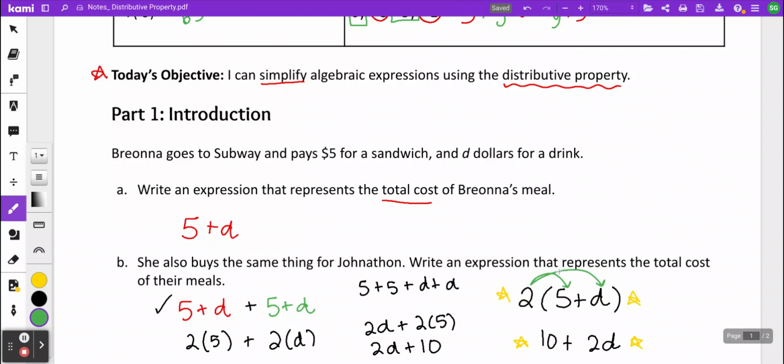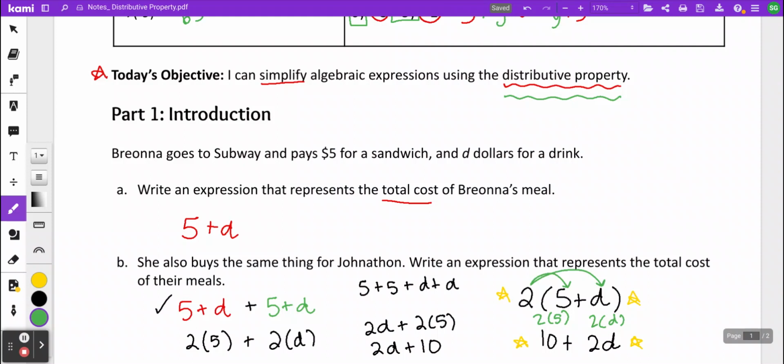And so to do the math we're doing today, I would multiply my 2 by my 5. That's how we get the 10. But we would also multiply the 2 times D, which here would just be 2D. This right here, what we just did with that double multiplication problem, is what we call the distributive property.